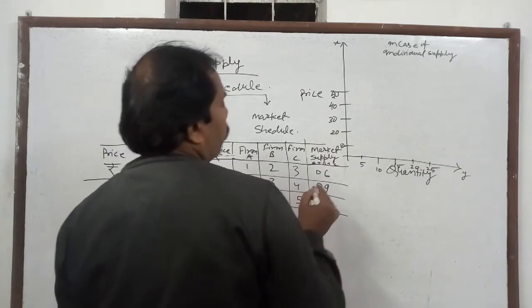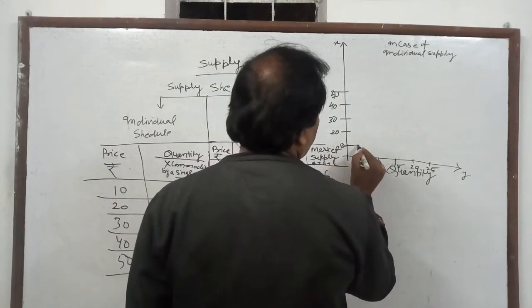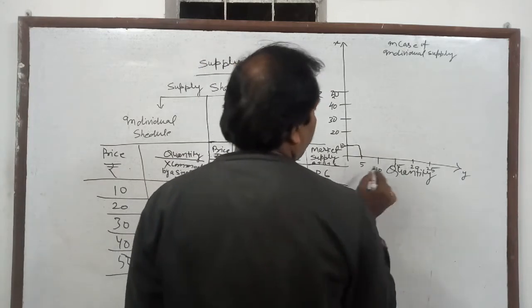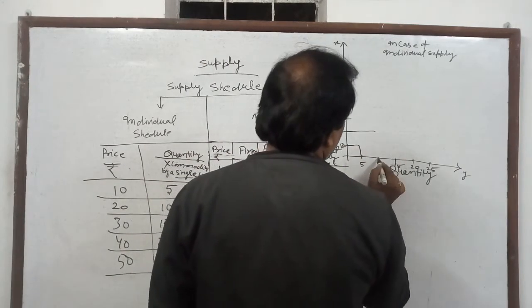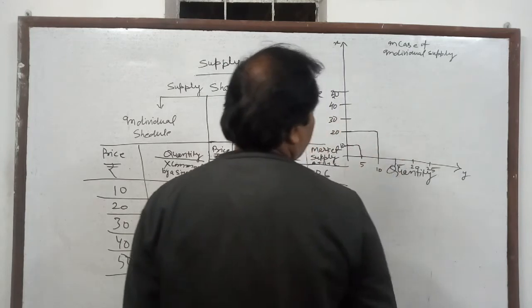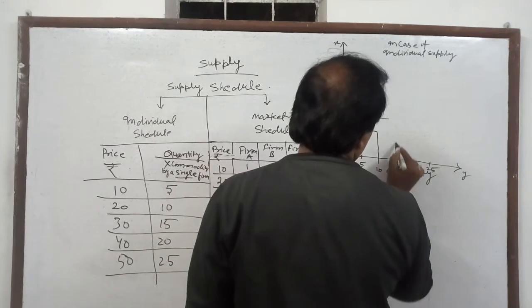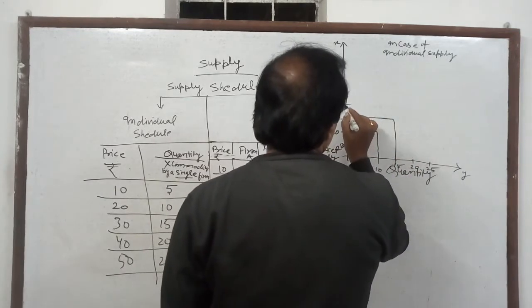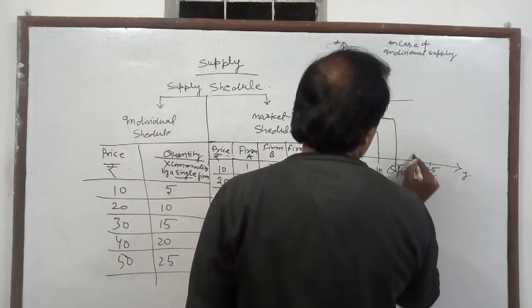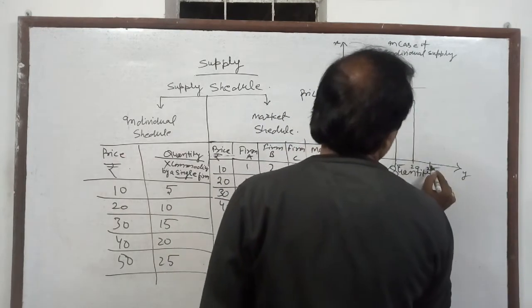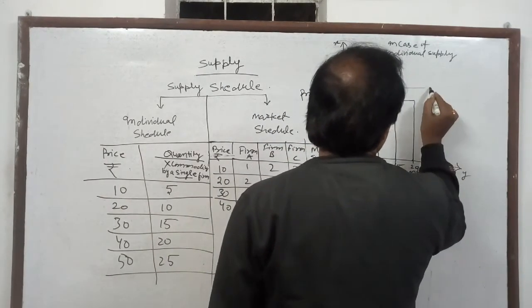We find that when the price is rupees 10, the single producer is ready to sell only 5 units. When the price is rupees 20, he is ready to sell 10 units. When the price is rupees 30, they are ready to sell 15 units. When the price is rupees 40, they are ready to sell 20 units. When the price is rupees 50, they are ready to sell 25 units.